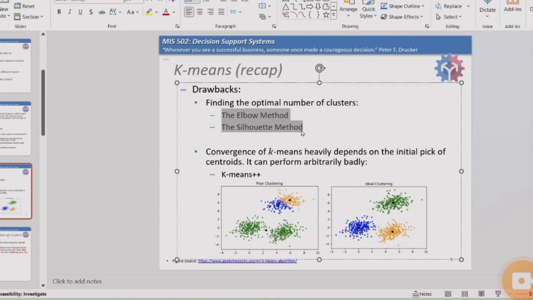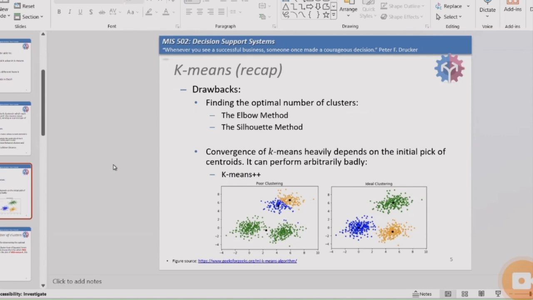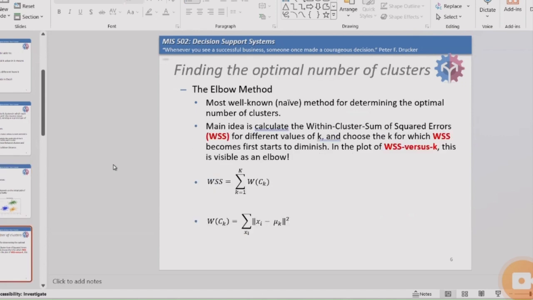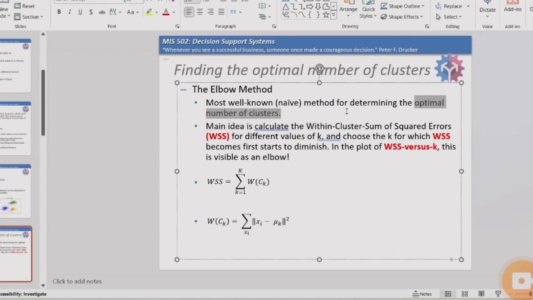So let's see how the elbow method works. It is one of the most commonly used, naive methods for determining the optimal number of clusters. It helps you pick the right K before you actually use K-means.